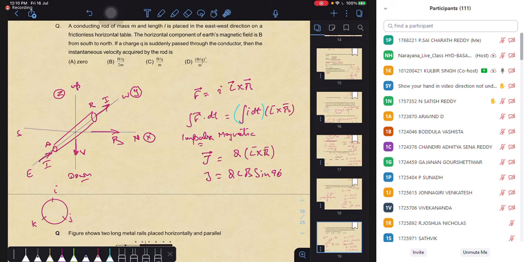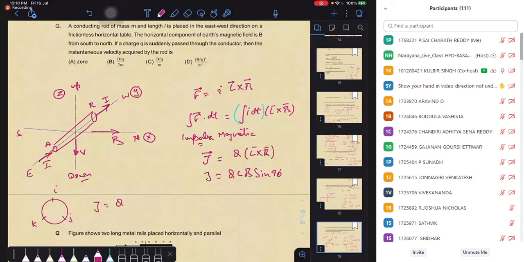My current is in the direction of j and the magnetic field in the direction of I. So if we take j cross I, for positive it should be clockwise. j cross I gives me negative k.